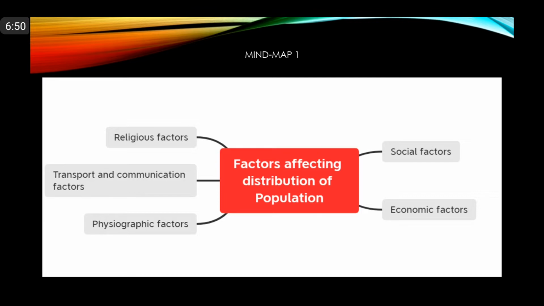Now let us discuss the economic factors. What about the economic factors? The economic factors include fertility of soil and minerals, and also resource development. Floodplains, where soil is replenished year after year by deposition of sediments, are the most preferred areas for farming populations.